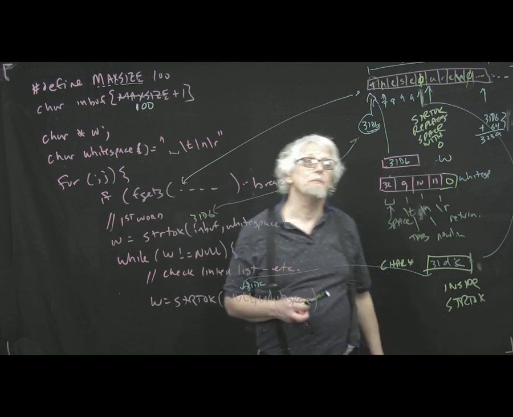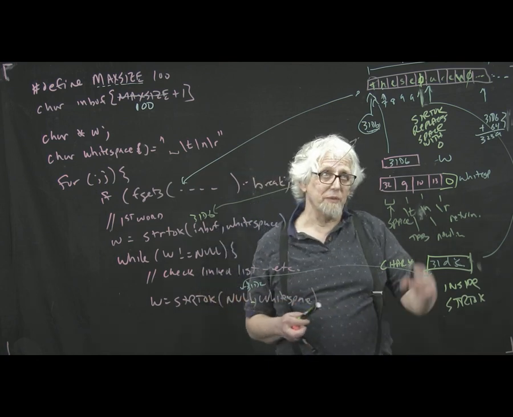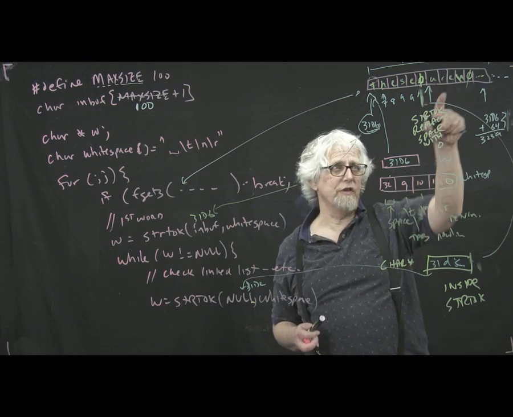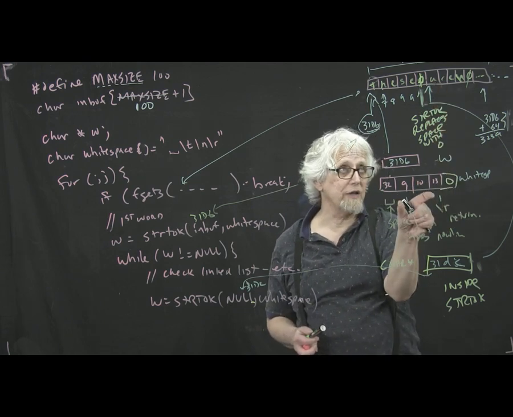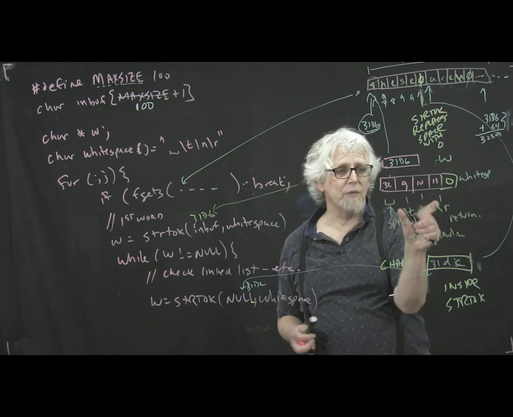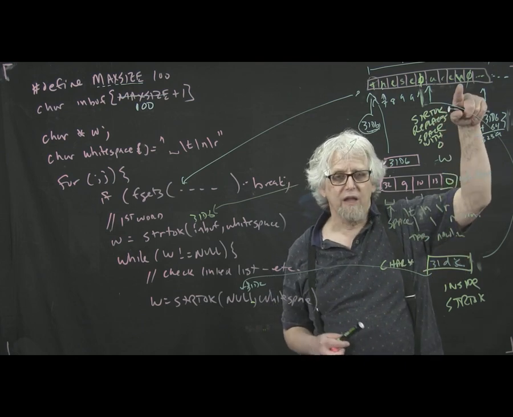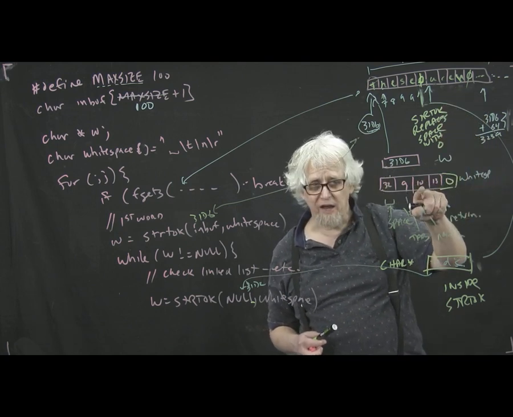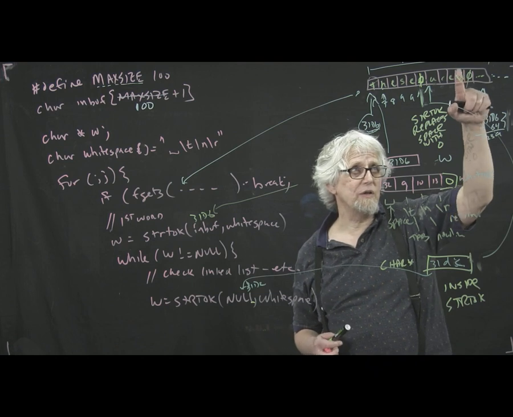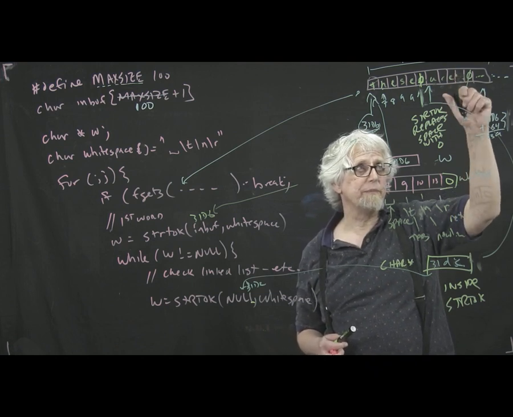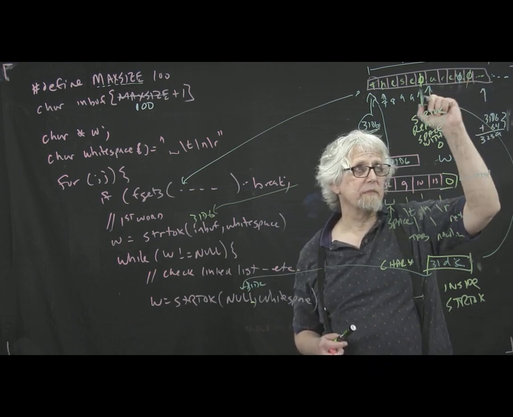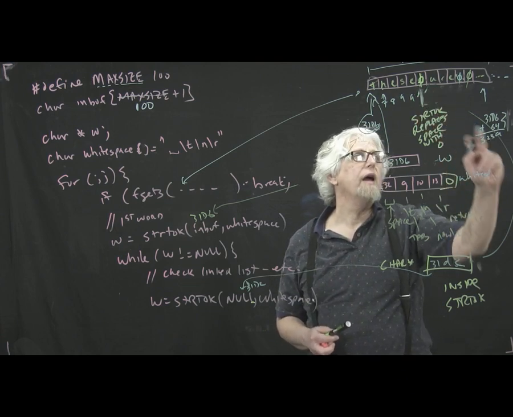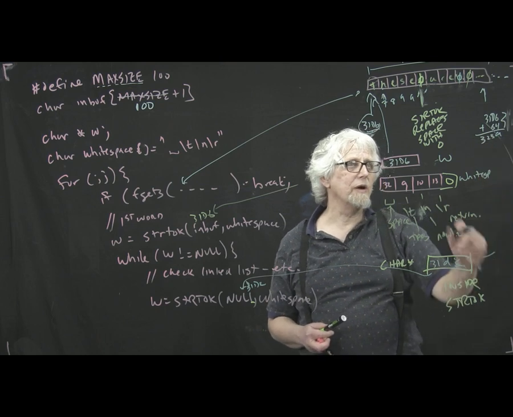And so what happens? Starting from here was the letter A. It's not one of these guys. The letter R is not one of these guys. The letter E is not one of these guys. A new line character is this 10. It's going to zero out the new line character, and it's going to remember where it was.